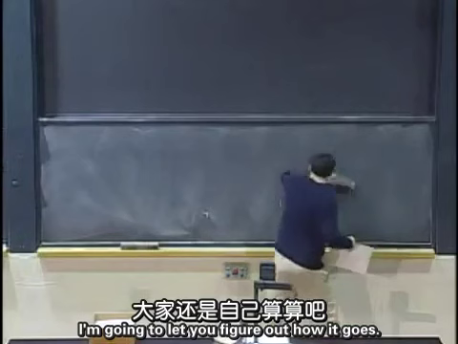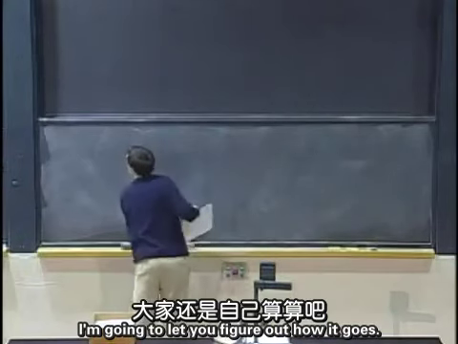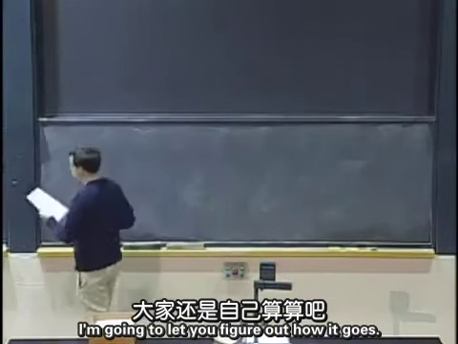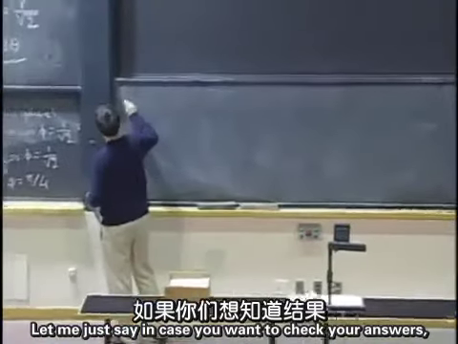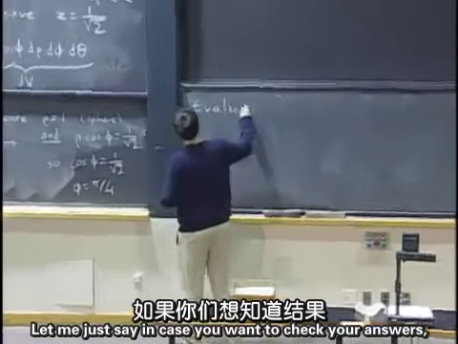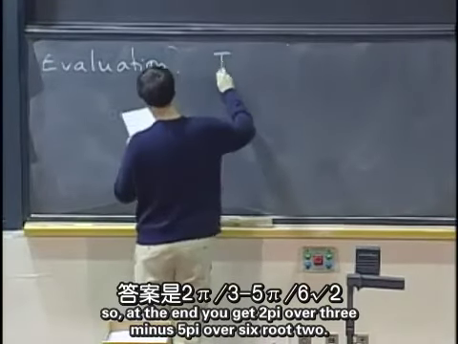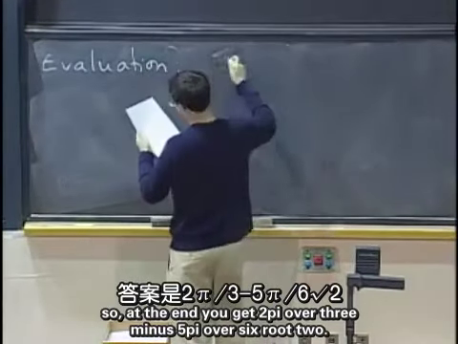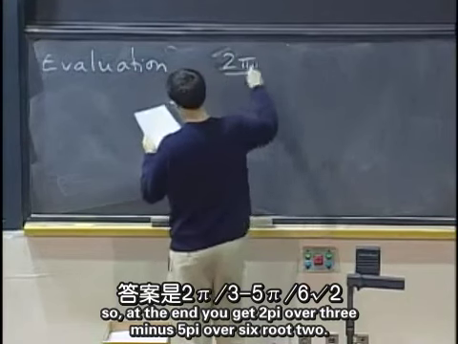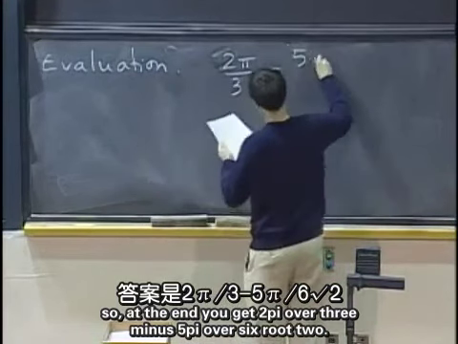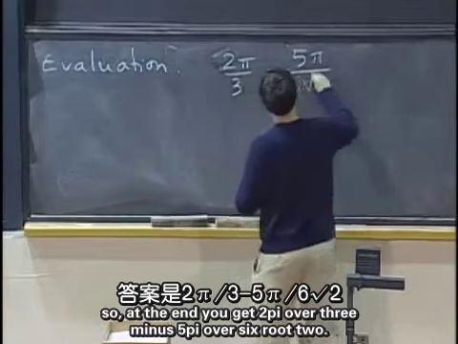I'm going to let you figure out how it goes. Let me just say, in case you want to check your answers, at the end, you get 2 pi over 3 minus 5 pi over 6 root 2.